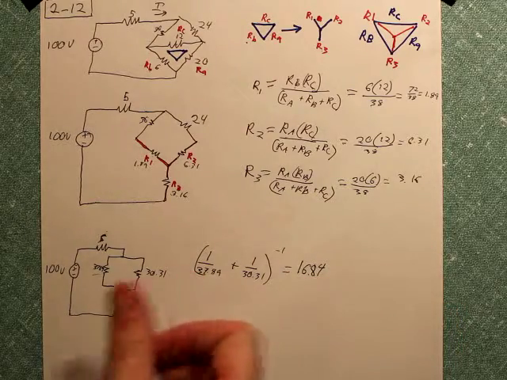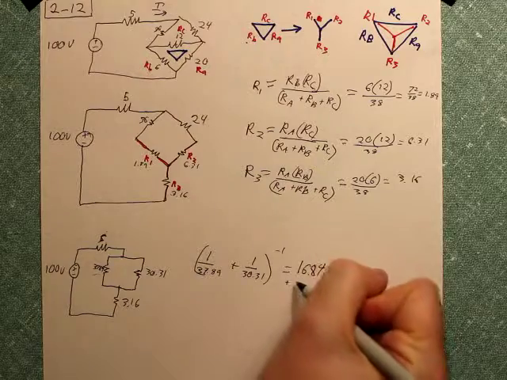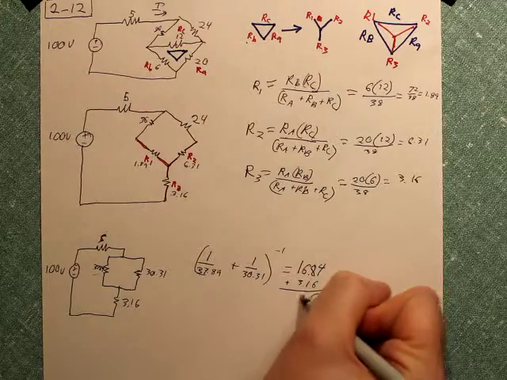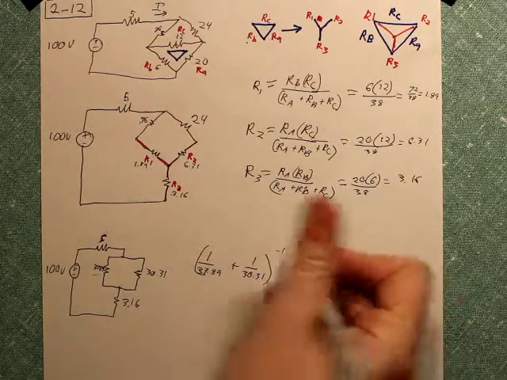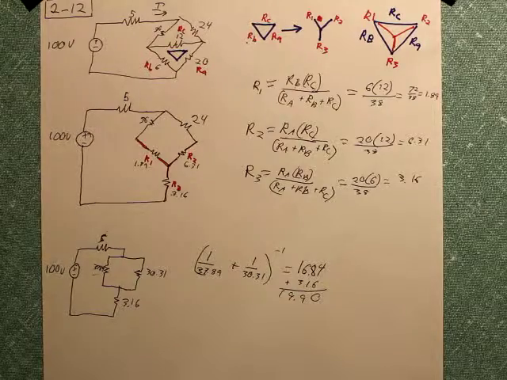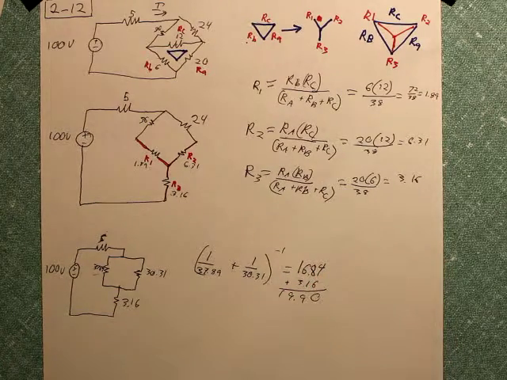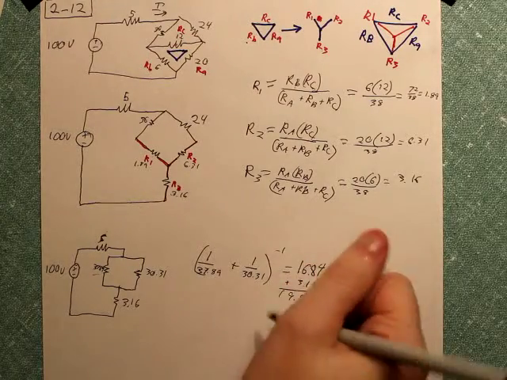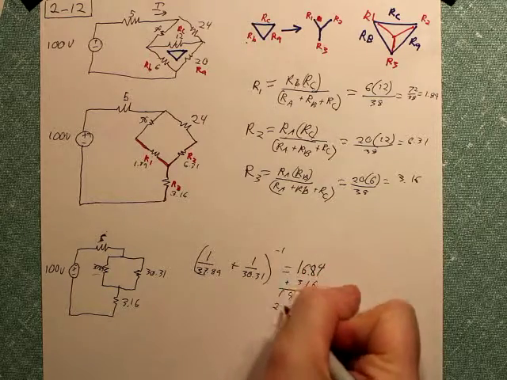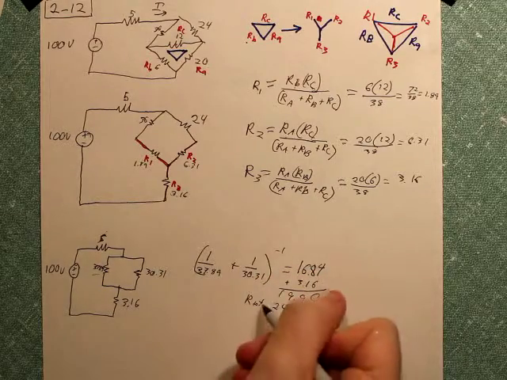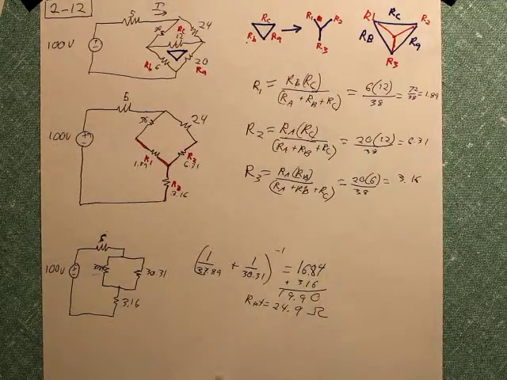So for the next bit, to simplify it, we're going to add 3.16, and that's going to be 19.90. And then when we add in our 5, because remember that's going to get on there, we're going to get 24.9. R total equals 24.9 ohms.